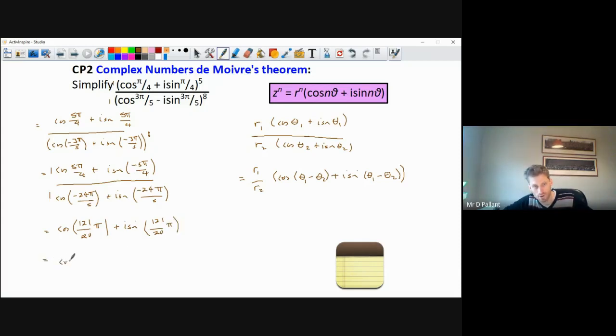I'm going to subtract multiples of 2 pi, which is 40 over 20. And actually, in this case, I can unwind that complex number 3 times, which is 120 on 20 pi, to leave me with just the pi on 20 there, which is the answer.